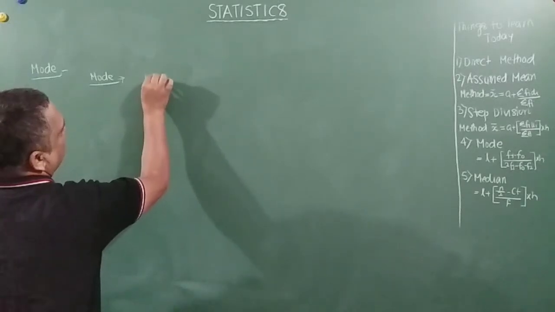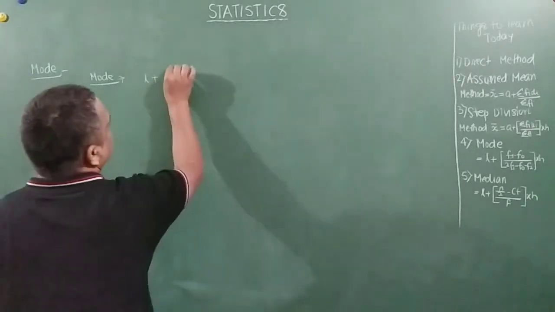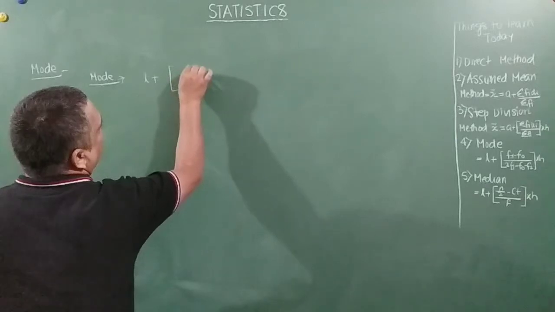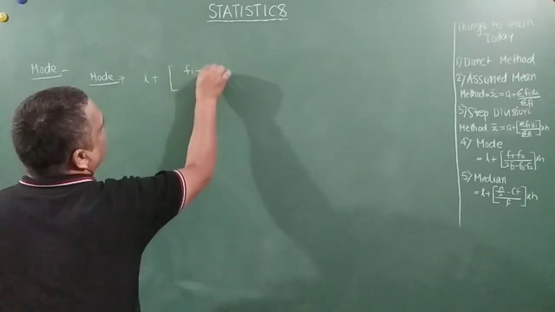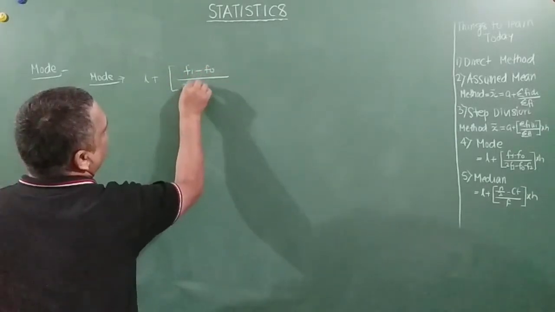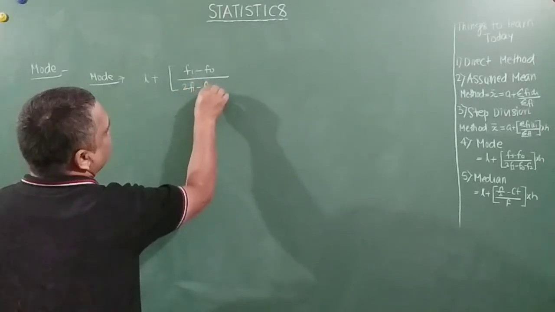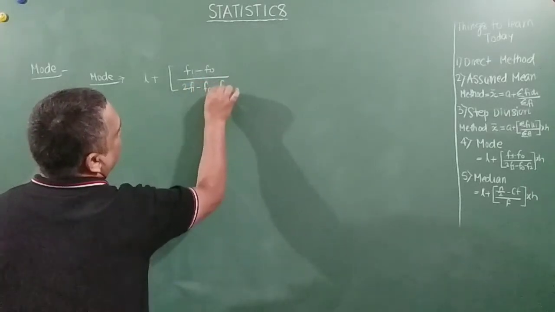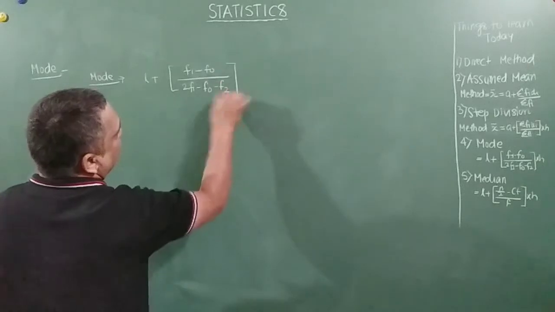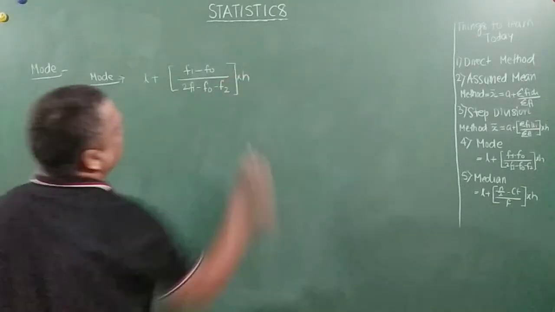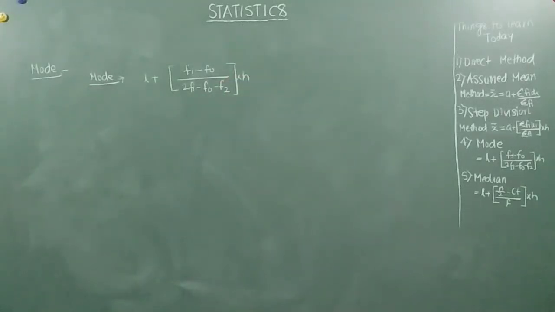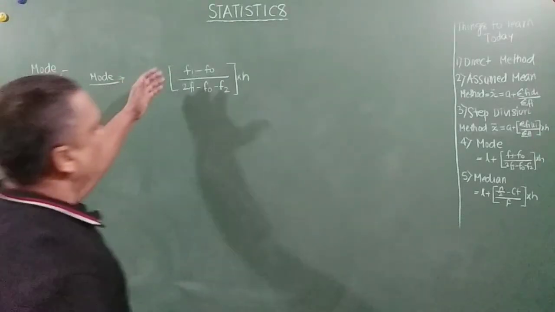L plus (F1 minus F0) divided by (2F1 minus F0 minus F2) into H, right? So this is how mode is given. Now in this, what are the things?